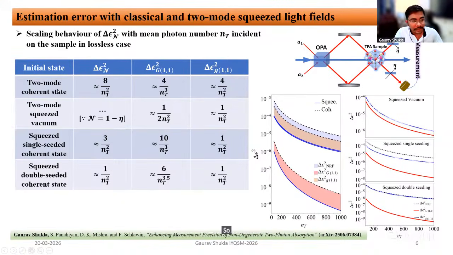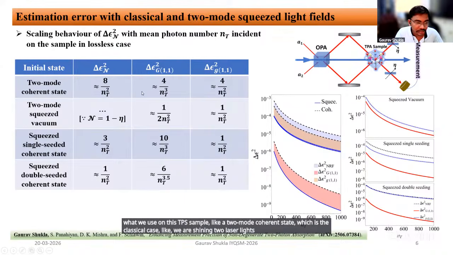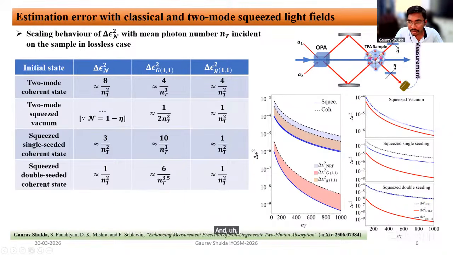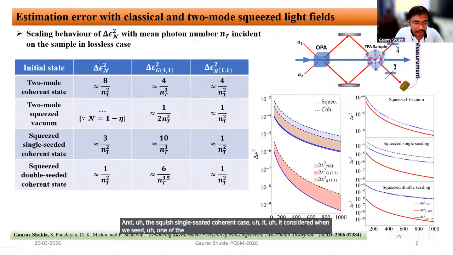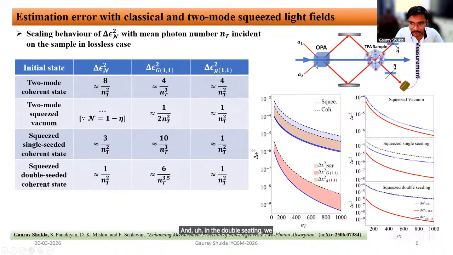We listed all these findings here, showing the type of two-mode light we use on this TPA sample, like a two-mode coherent state, which is the classical case, where we are shining two laser lights on the TPA sample, and this two-mode squeezed vacuum case, where we just incident the squeezed vacuum modes on the sample, and the squeezed singly seeded coherent case, which considers when we seed one of the ports of this OPA, and here we also consider double seeding.